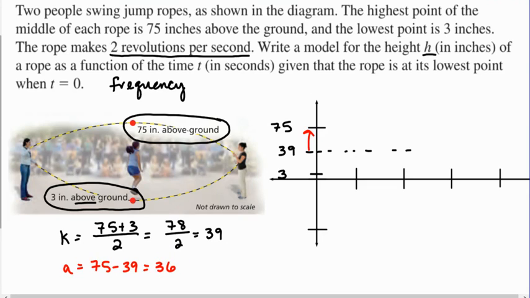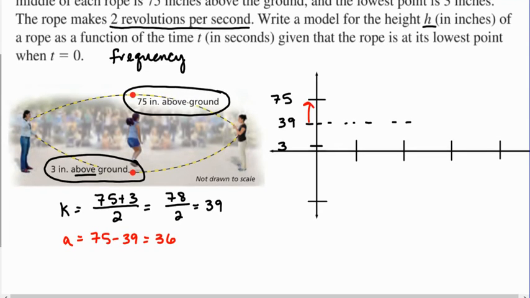Another way of doing that, if you don't know the midline, you could take the maximum and the minimum, and instead of adding them, you could subtract them. So you could do 75 minus 3 and divide that by 2. 72 divided by 2. 72 is 75 minus 3. And you still get your value for A, your amplitude, of 36.